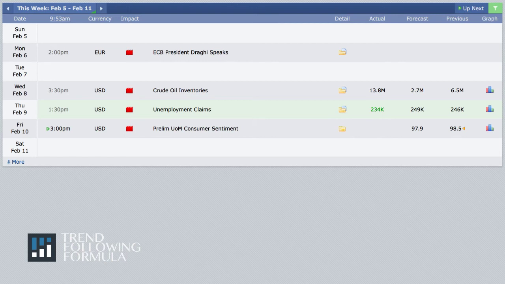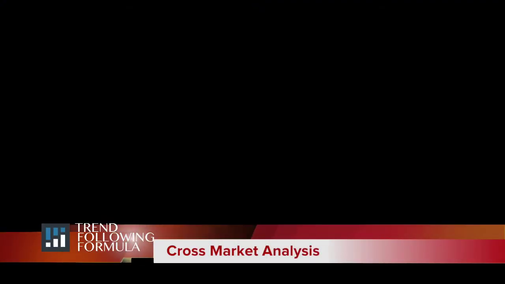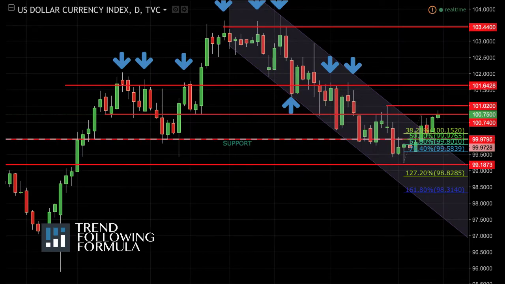That means there are more jobs, and this is a very good thing for the currency. And the result, as you might have noticed on the chart, a continuation in the dollar index, as you noticed.